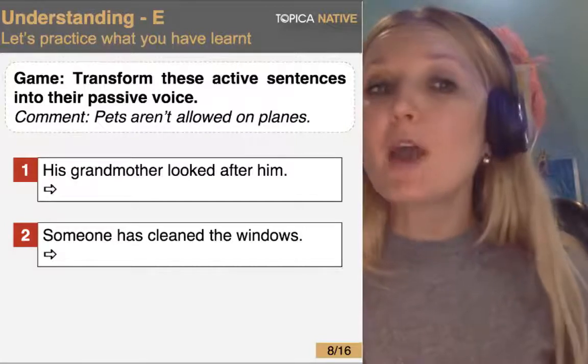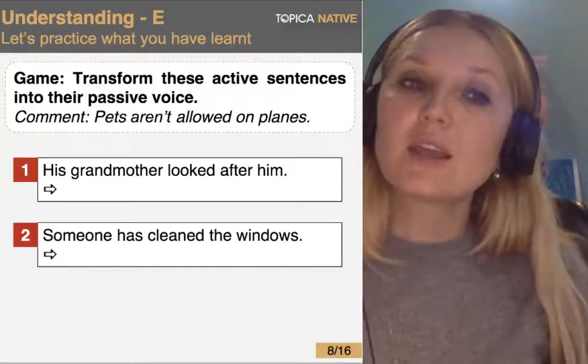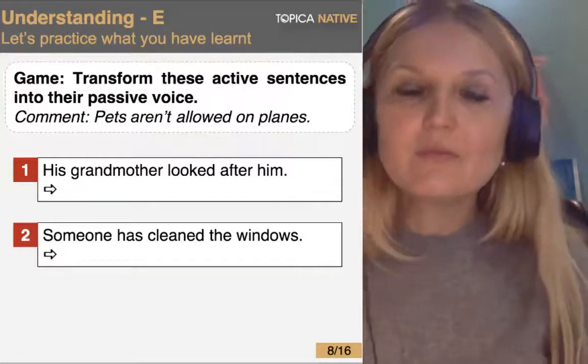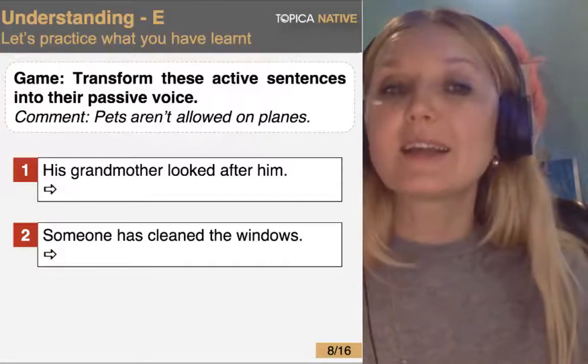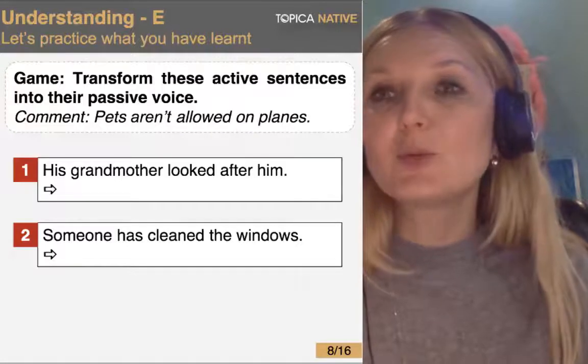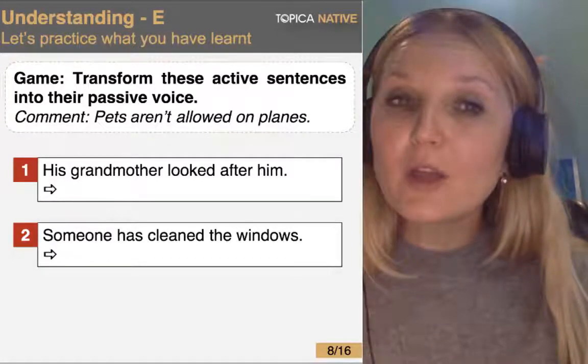And you can say by who, and his grandmother becomes an object of doing an action. Yes. And number 2, someone has cleaned the windows. Here we have present perfect, so we need to put passive voice into present perfect.